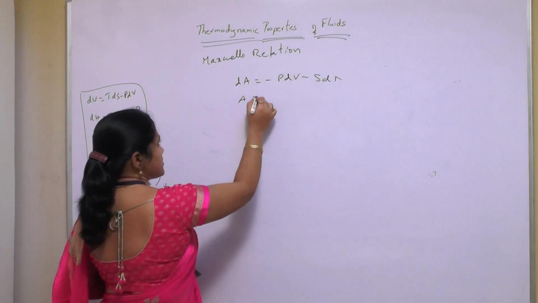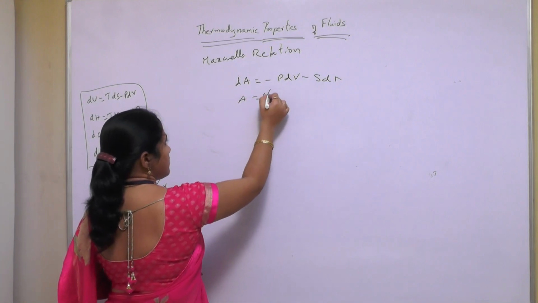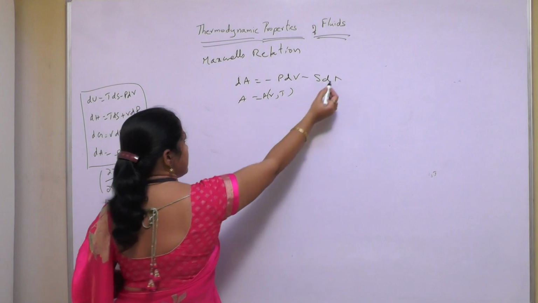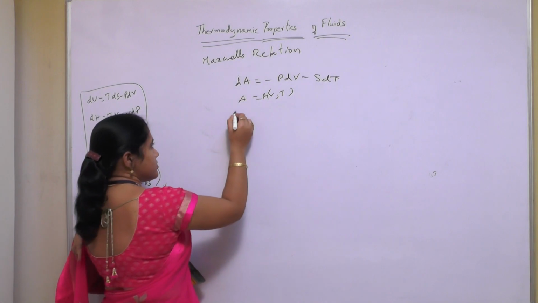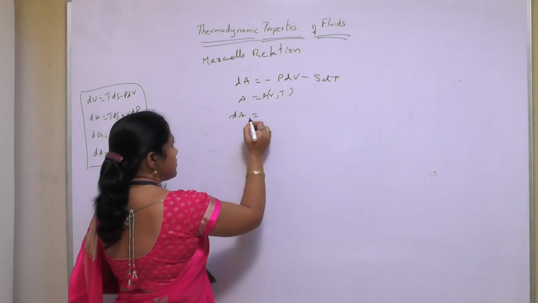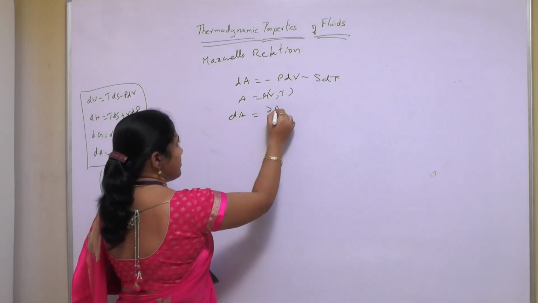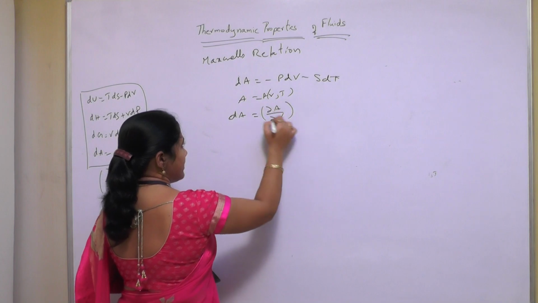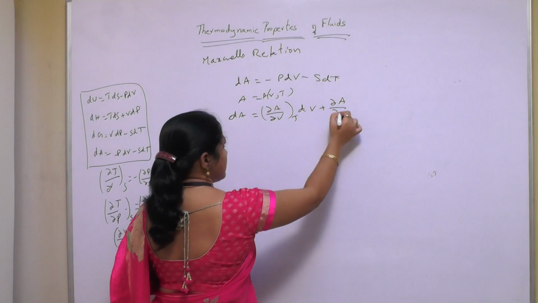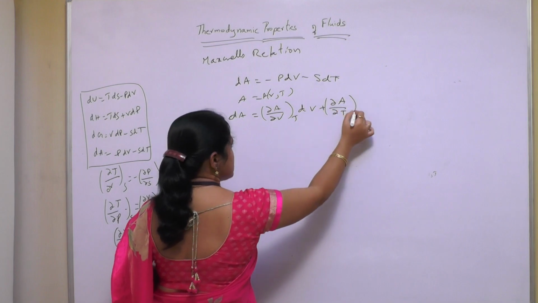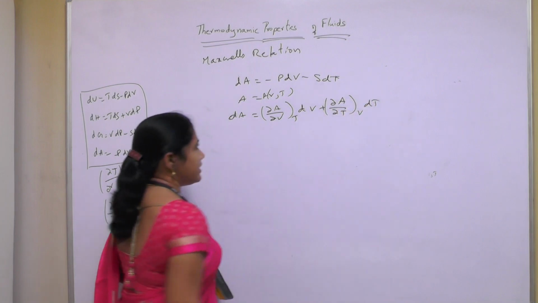So A is a function of V and T. So dA equals (∂A/∂V) at constant T into dV plus (∂A/∂T) at constant V into dT.